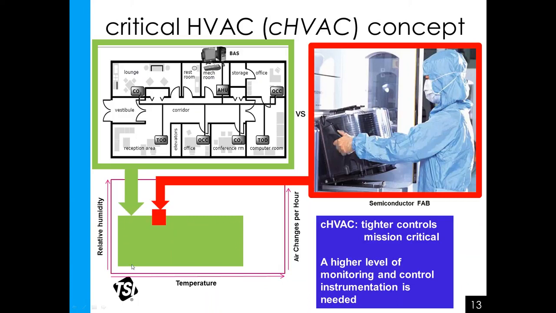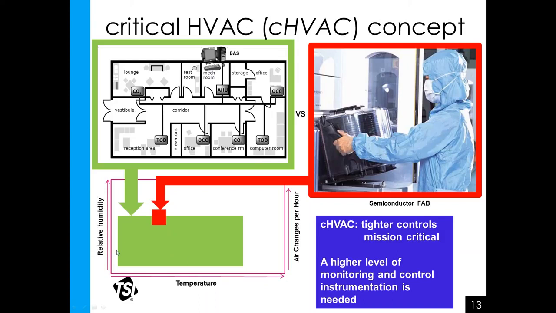If you look at the typical office application over here, you can see it's got offices, it's got conference rooms, it's got the mechanical room, storage, whatever. If I plot those three parameters in, let's say, a typical chart, I can operate somewhere within this box here.